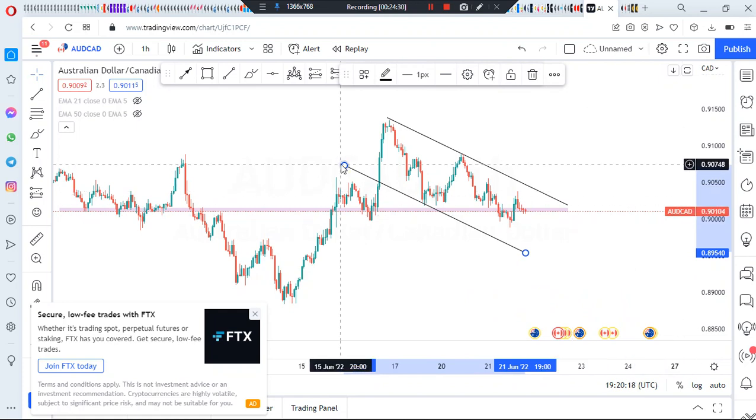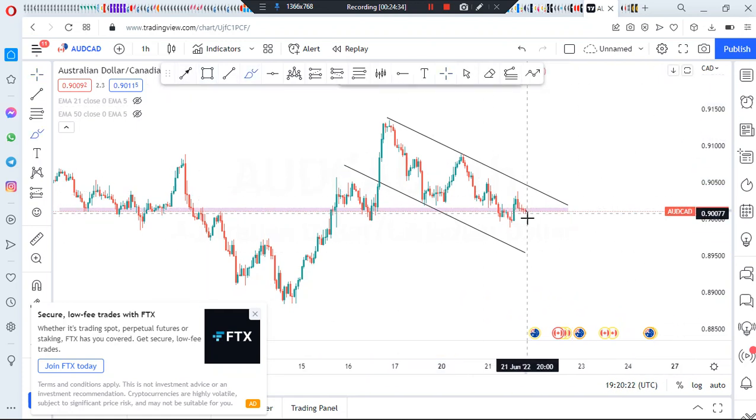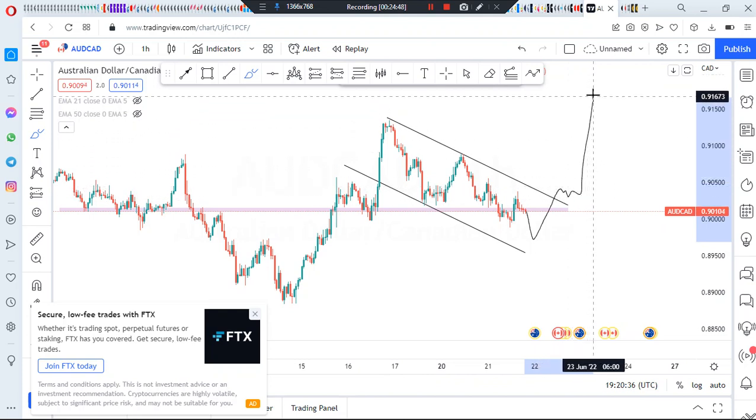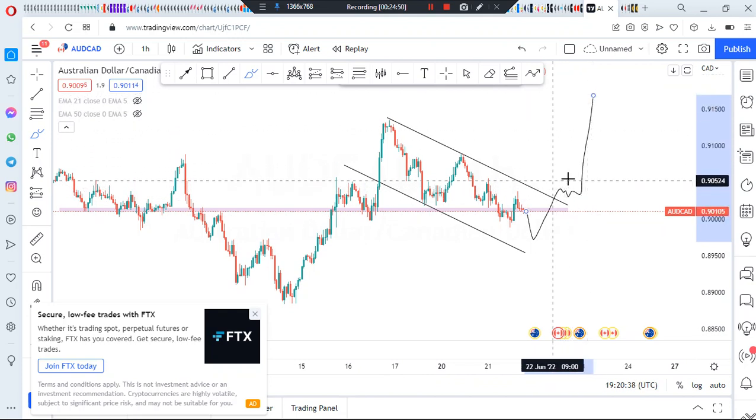So what are we looking for? We're looking for price to come a bit low to this area, then come up, then we can break this demand and supply line, then break this trend, a little bit of a retest around this area, then we enter. We wait for a candle to close above this trend, and then we can enter our trade.